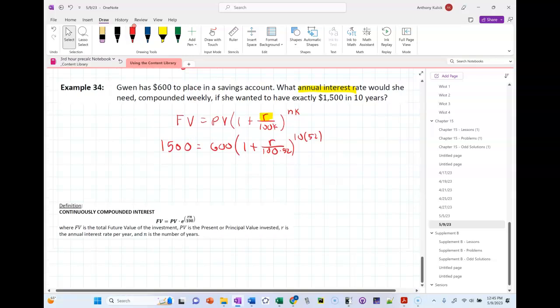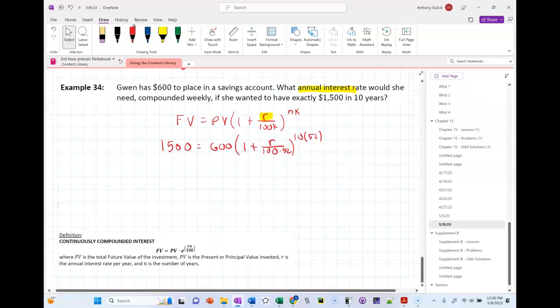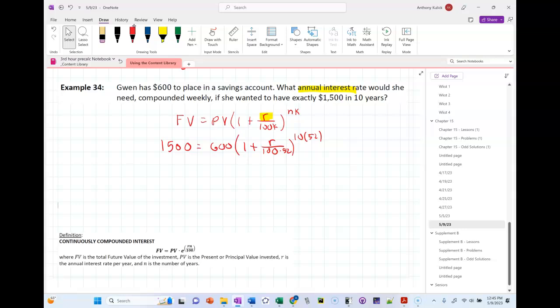Great. Okay. So to solve this, what are we going to need to do? You have to divide by 600, right? So if I do that, I reduce this down to 5/2, I think. Okay. Now I got to get rid of that exponent of 520.